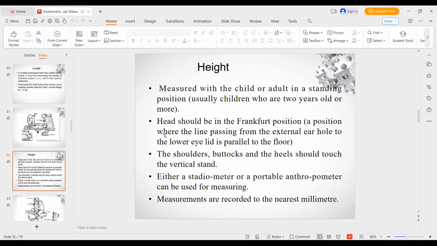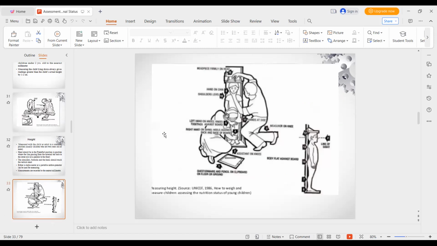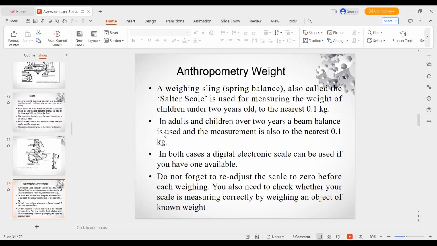The shoulders, buttocks, and heels should touch the vertical stand. Either a stadiometer or portable anthropometer can be used for measuring. Measurements are recorded to the nearest millimeter. This picture shows measurement of height over 2 years of age.